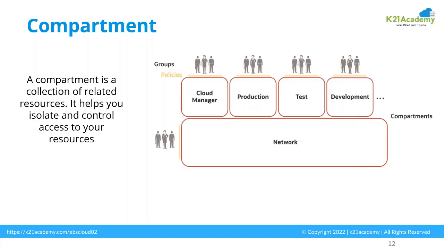I want to make sure that these are the users who are going to maintain the production instances as and when required. That is where my access control comes in, and that is where the compartment design is going to matter. We are going to take a closer look at the various types of compartment design available, how you can use them, and how you can control the access level.